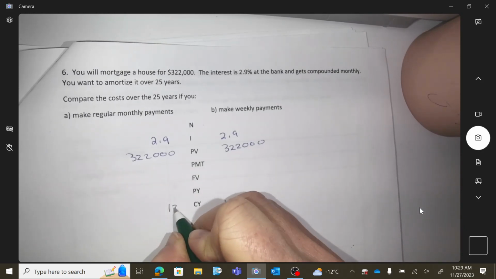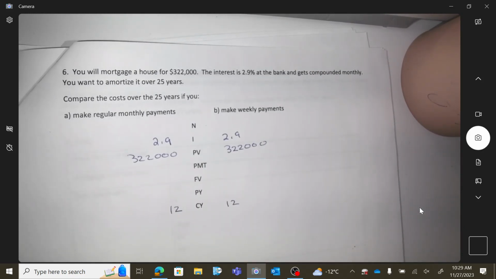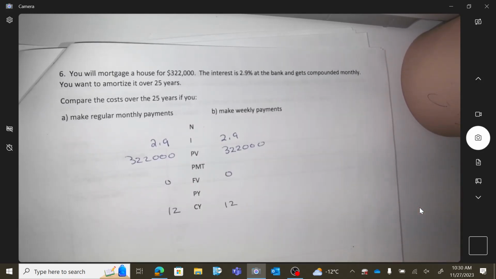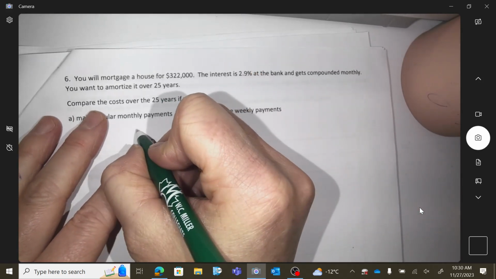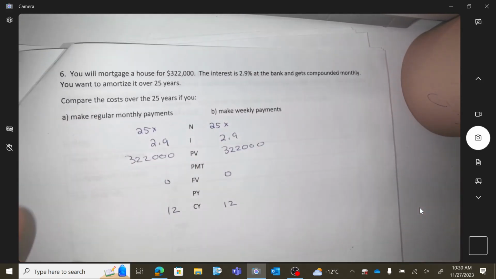Compounded 12 on both. Future value 0 on both. We're going to do them both for 25 years. So for the N, can you put 25 times, 25 times, because this will be different though.